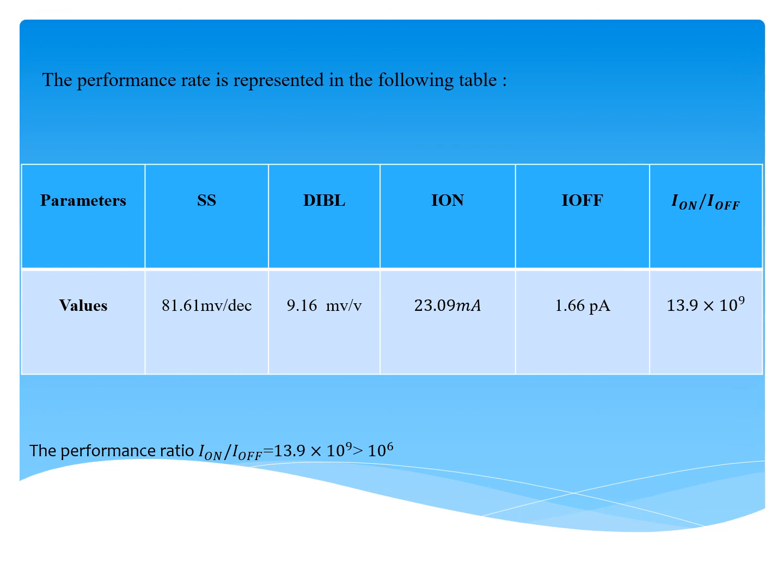On current 23.09 milliampere. Off current 1.66 picoampere and the ratio Ion per Ioff of 13.9 billion. The International Technology Roadmap for Semiconductors recommendation for the ratio Ion per Ioff is more than 1 million. So in our device simulations, the ratio is above this value.